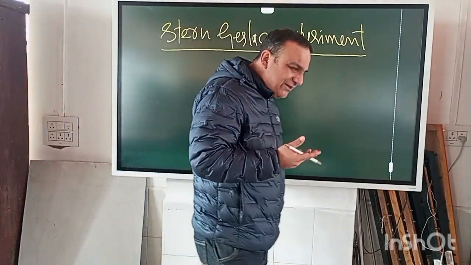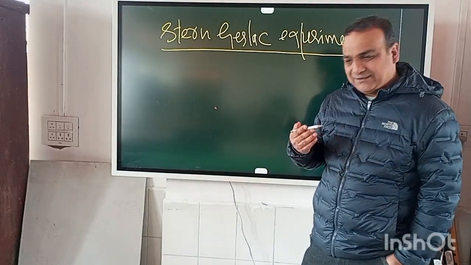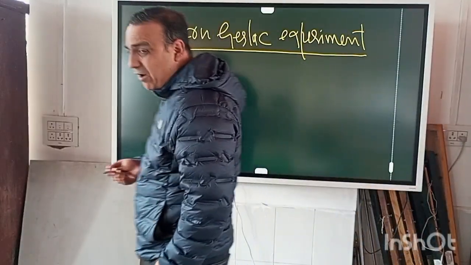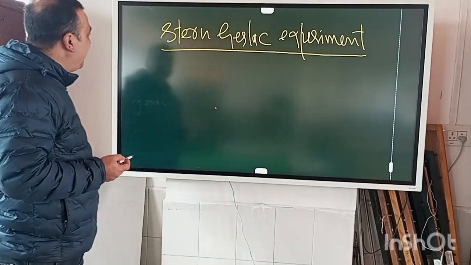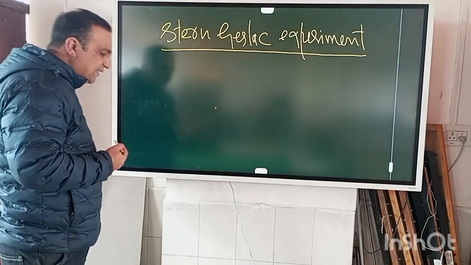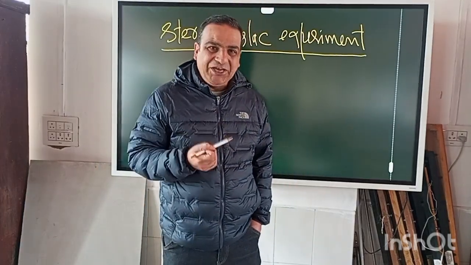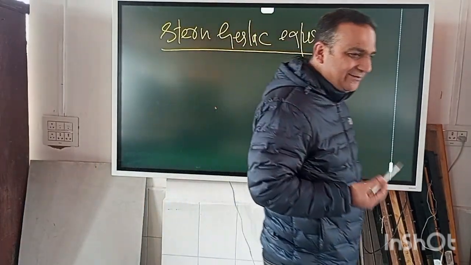Now, this is a pretty simple kind of experiment that was conducted by Stern and Gerlac, and this experiment primarily gives us the measure of the quantization of angular momentum.